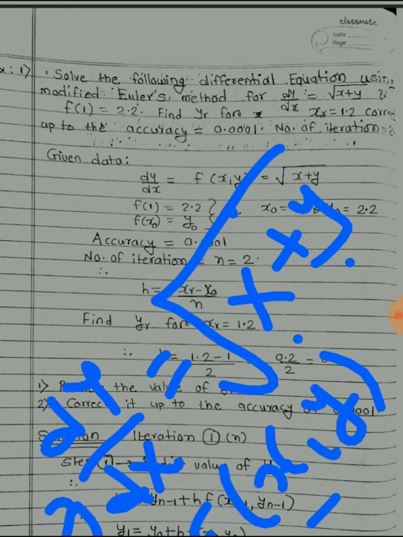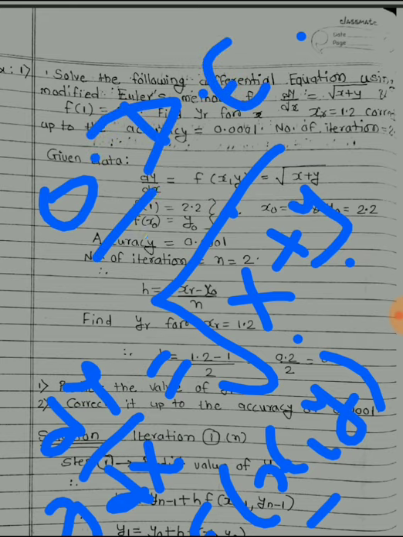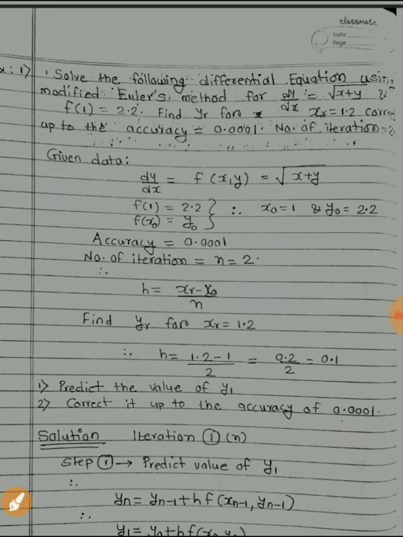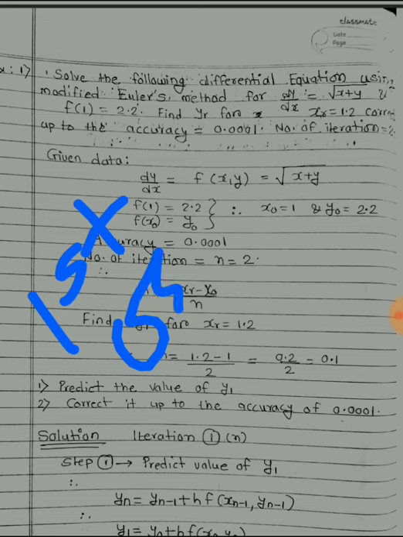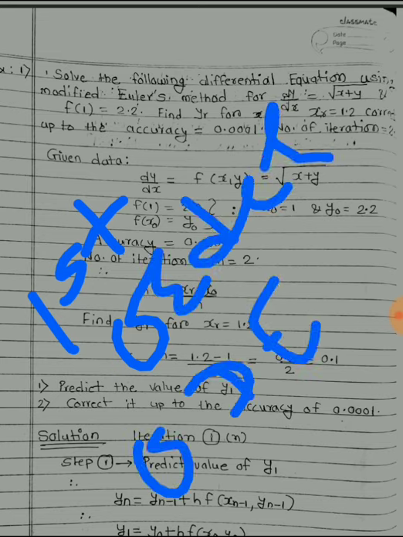Second thing, as it is the equation of dy by dx is equals to, I will say this is a differential equation. Moreover, this is an ordinary differential equation. If I go more specifically, I can say this is first order ODE, because I have the term dy by dx here.